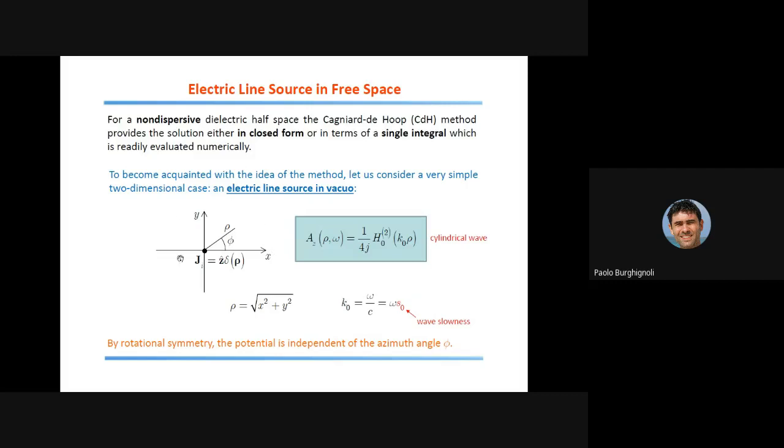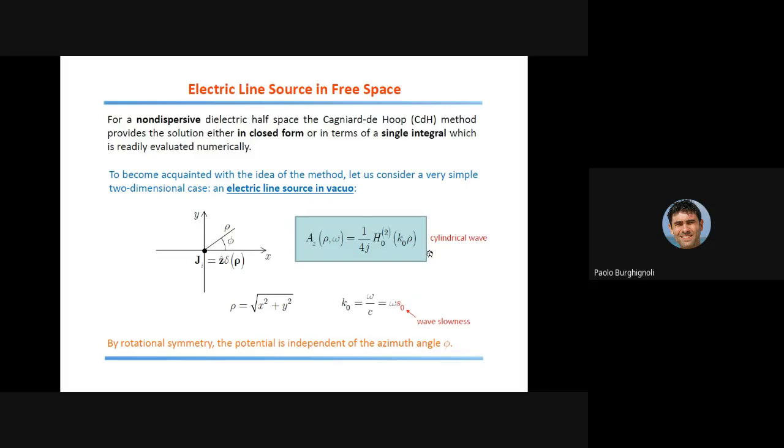We are now in the frequency domain, and we know from elementary courses on wave theory that the potential produced by such a line source is expressed by the simplest cylindrical wave, which is the Hankel function of second kind with argument k0 rho, where rho is the radial distance in the xy plane. So it's one of the two polar variables, rho and phi.